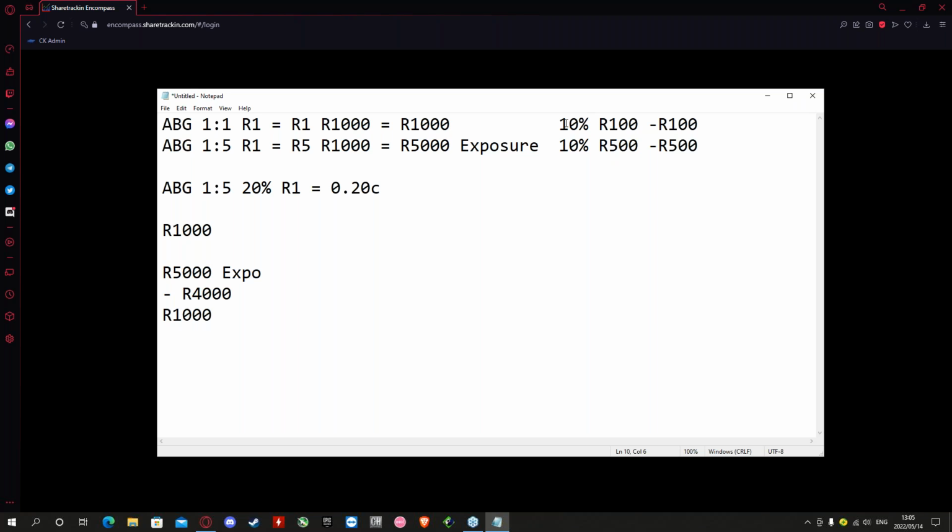If you made 10% on your R5,000, that would be added onto your R1,000, which would give you R1,500. So you make your main profit off of the R5,000 exposure and not the R1,000 that you put in. So that's the basics of how a CFD would work.